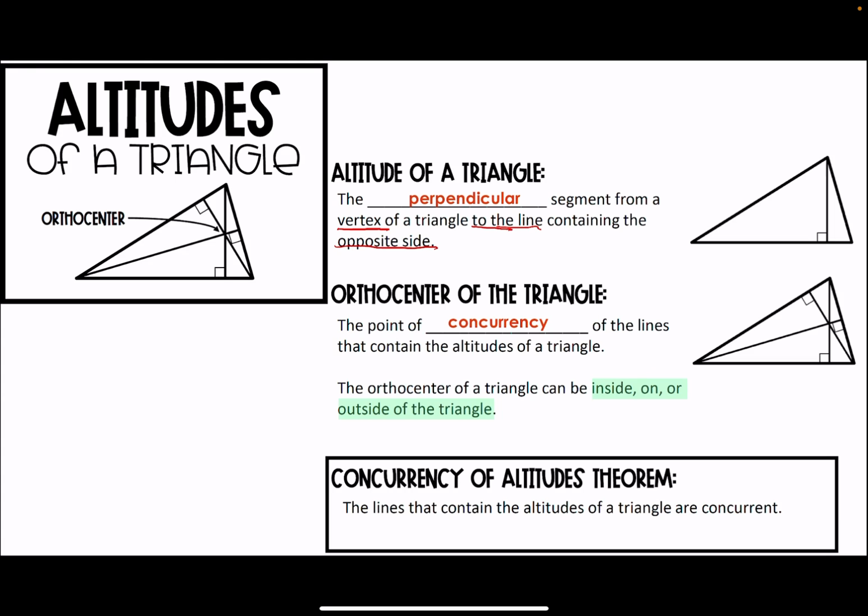The concurrency of altitudes theorem just says that they're concurrent. Nothing special, no math. The orthocenter just kind of doesn't make sense. Sticks out a little bit.